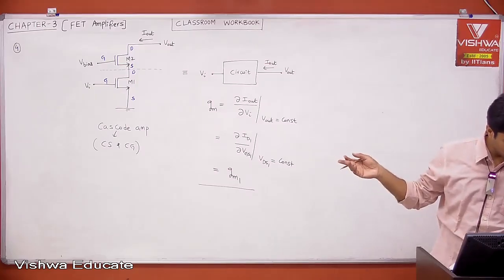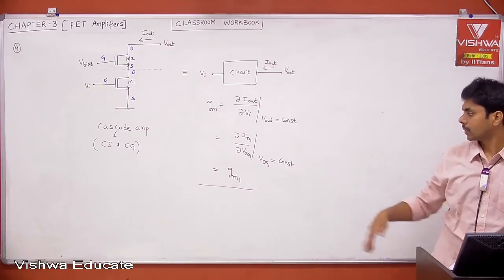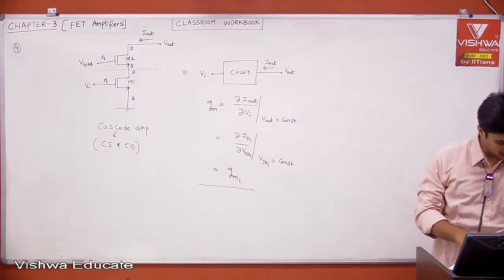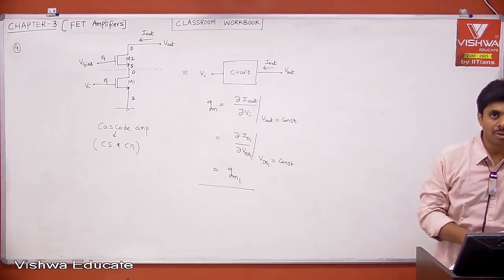What is the answer? The answer is C. Simply GM1 is nearly equal to GM of M1.